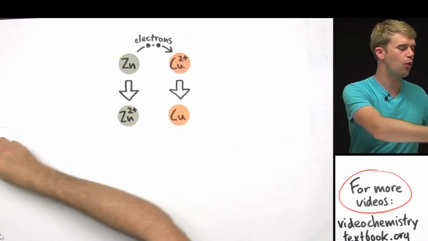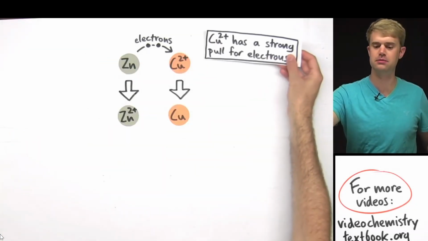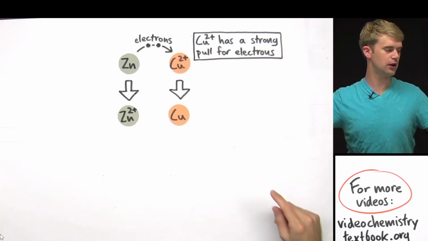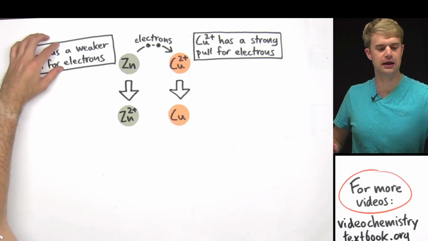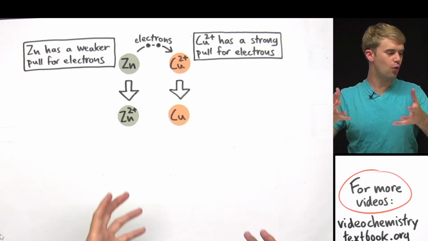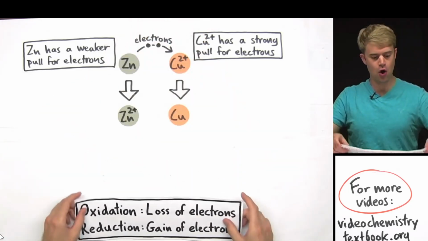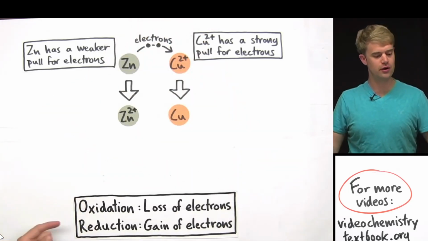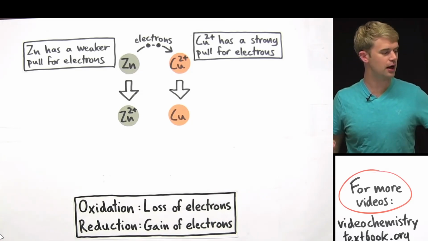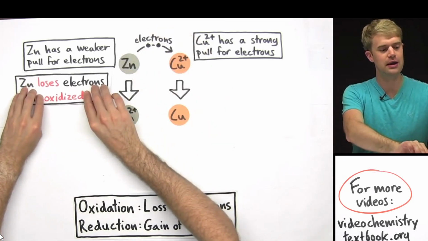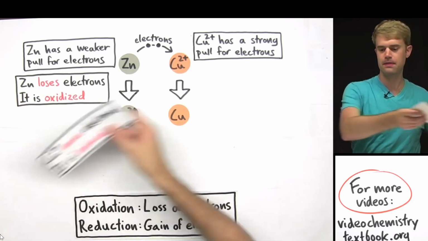It's a tug of war between these atoms. Cu2+ has a strong pull for electrons, and zinc, Zn, has a weaker pull for electrons. And that's why the electrons move. We can describe how they move in terms of oxidation and reduction. Zinc over here is losing electrons, so it is oxidized.